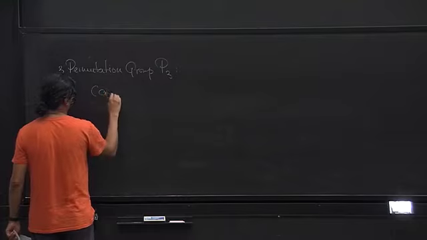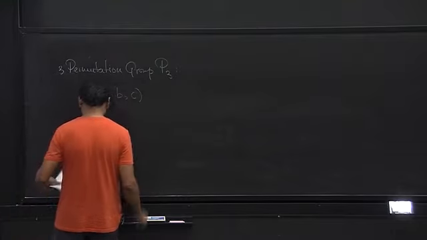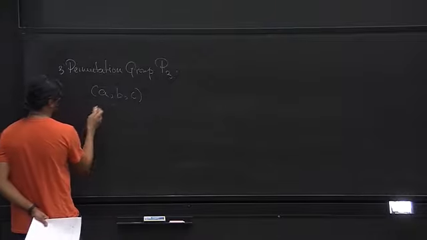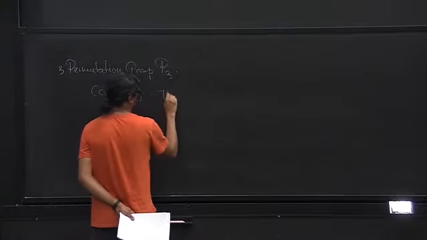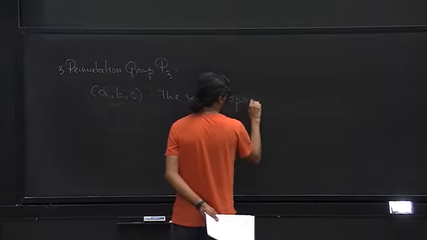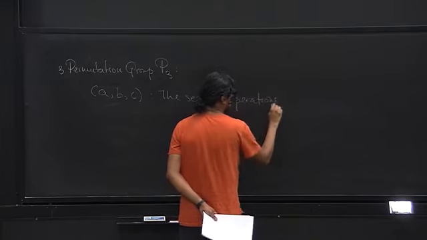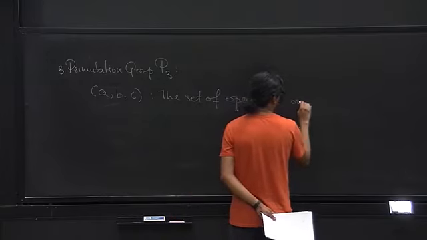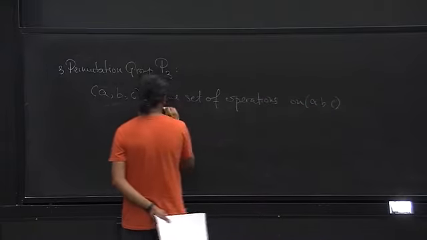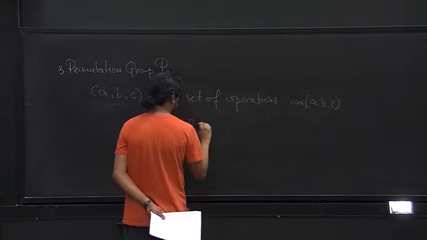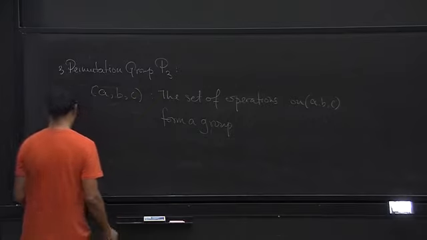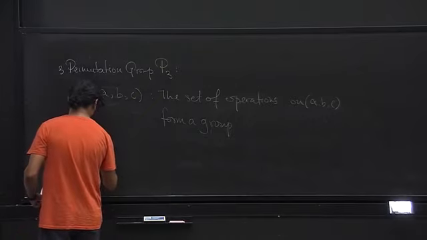Suppose you have a collection of 3 objects, A, B, and C. The set of operations on ABC form a group. What are the elements of this group? So these are the elements.